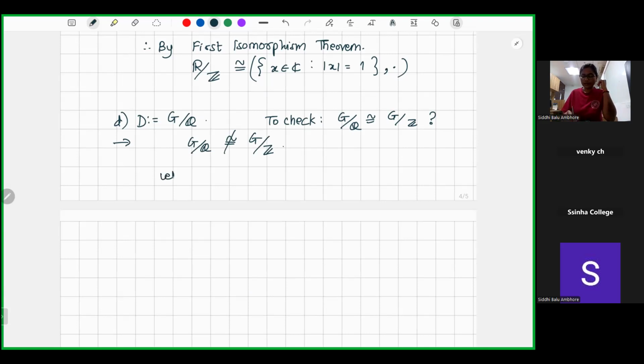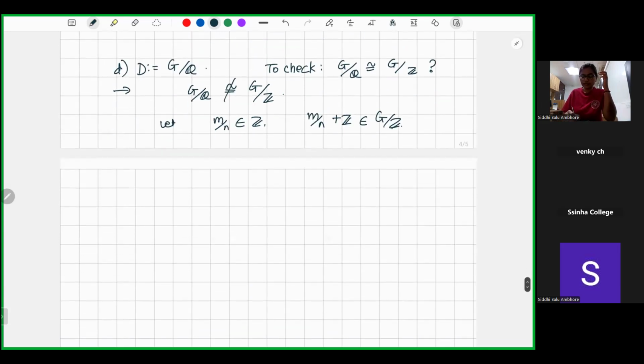For example, let m by n plus Z belong to this G quotiented by Z, right?